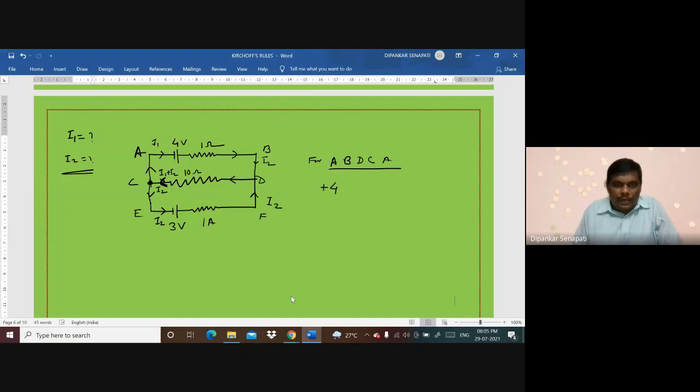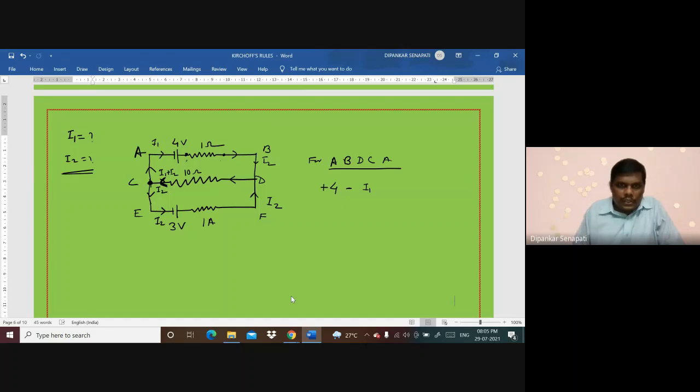Now across this, current flows from higher to lower potential, and therefore we are going towards a lower potential, that is, a falling potential. A fall means minus I1 into 1.